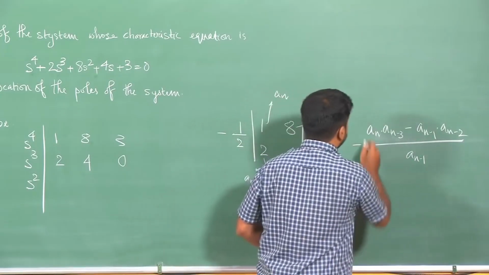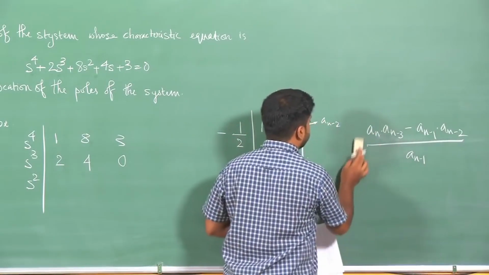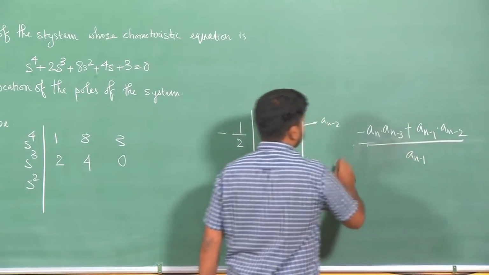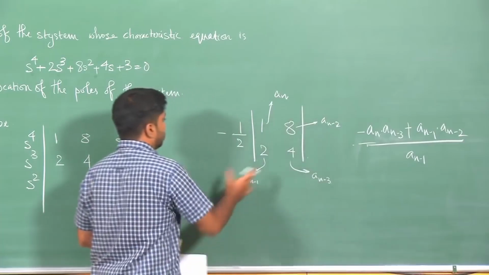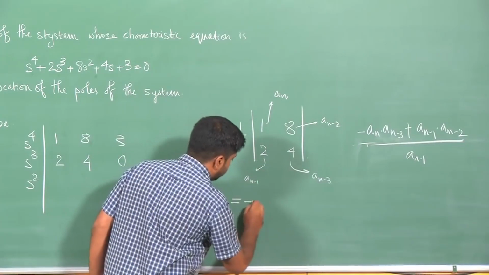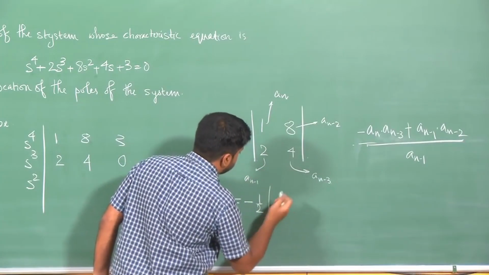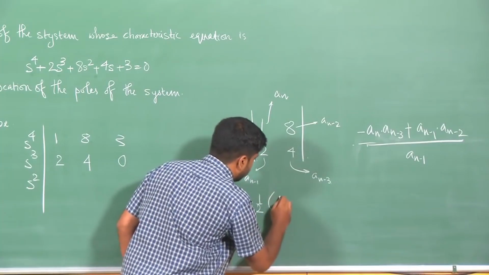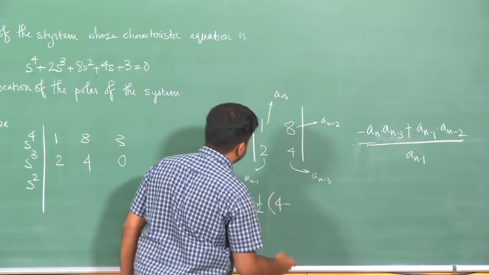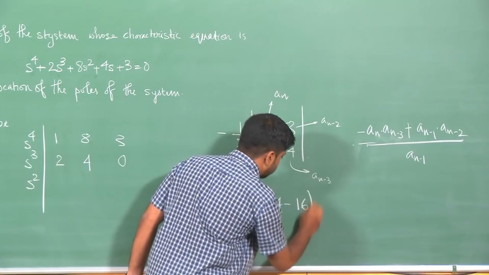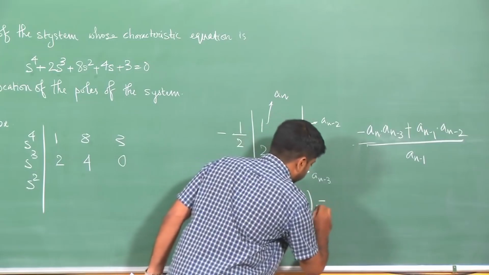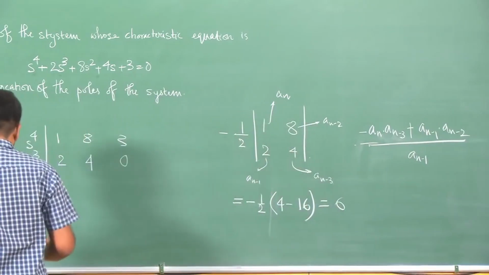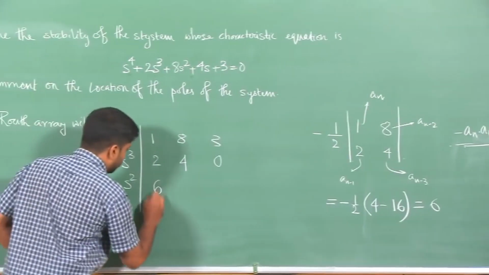Basically the minus will come here and this will be plus. So, that is what we learned. So, here we get minus half, 4 minus 16. So, here it will be 3.